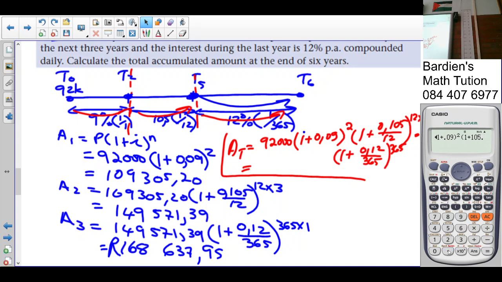The sums are going to become more complex later on. Same answer: 168,637.9.